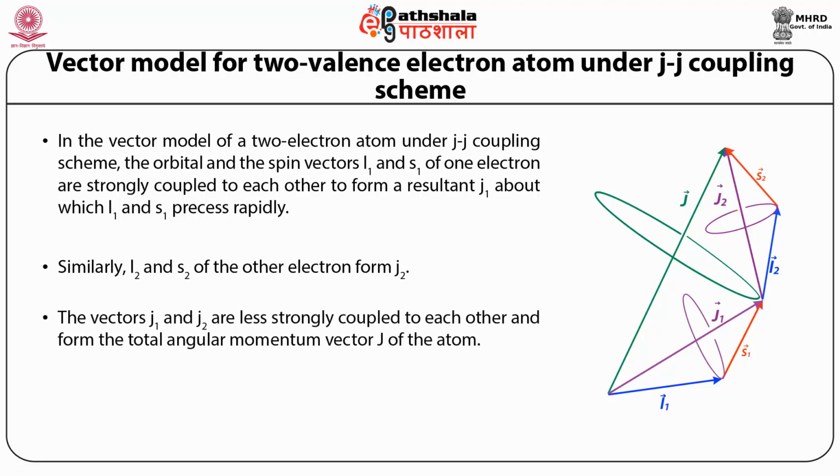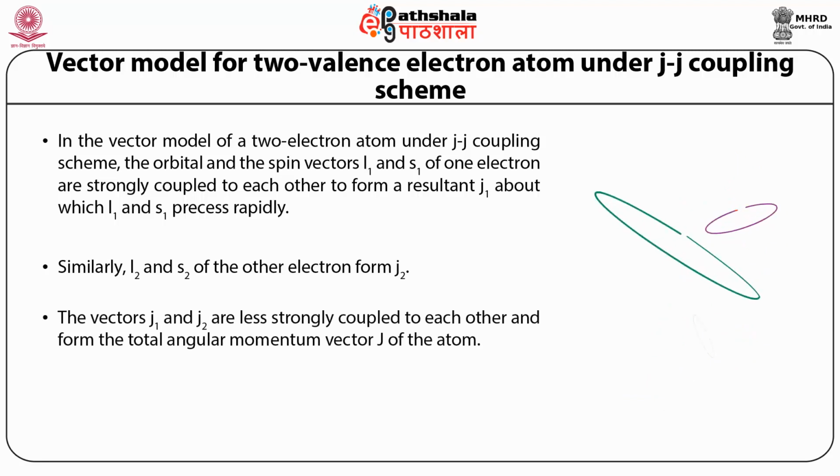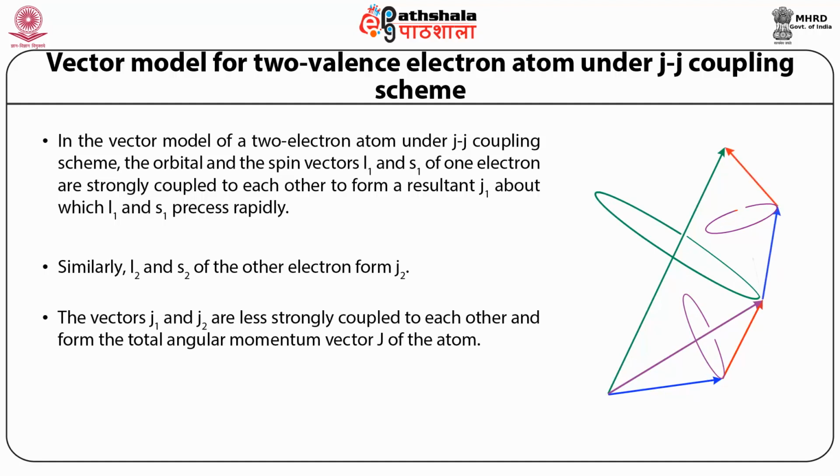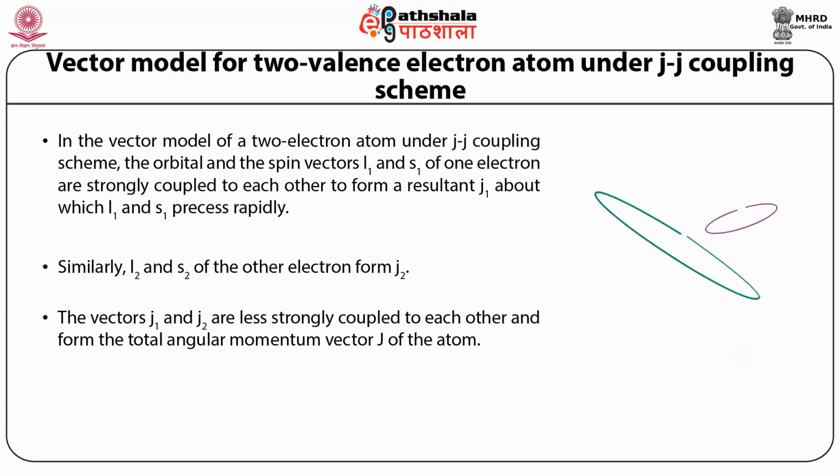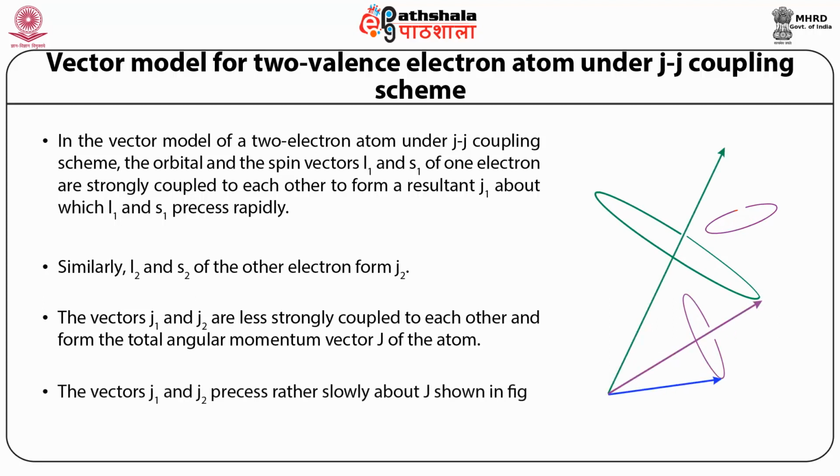Now the vectors J1 and J2 are less strongly coupled to each other, and form the total angular momentum J of the atom. The vectors J1 and J2 precess rather slowly about J, again shown in the figure.